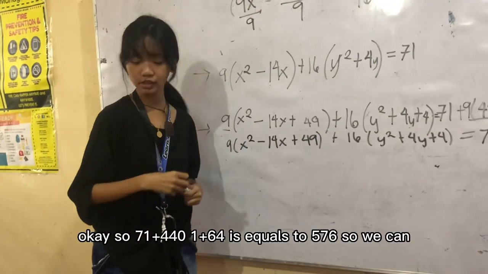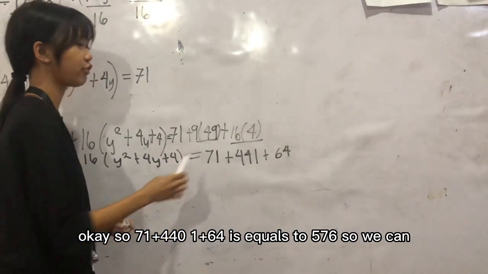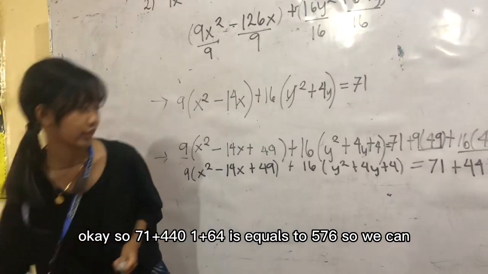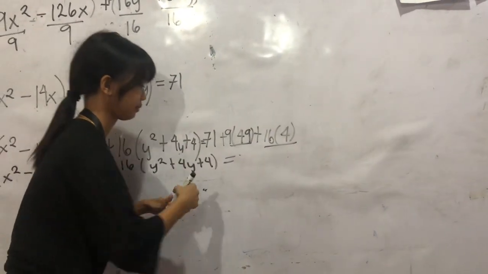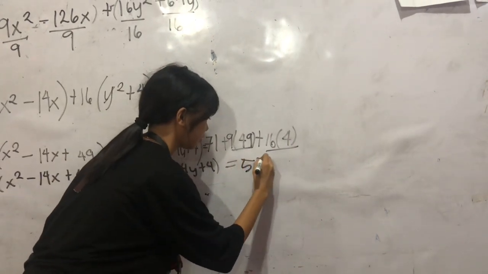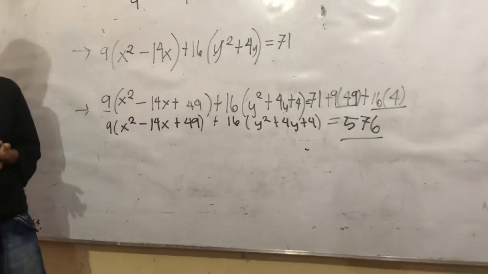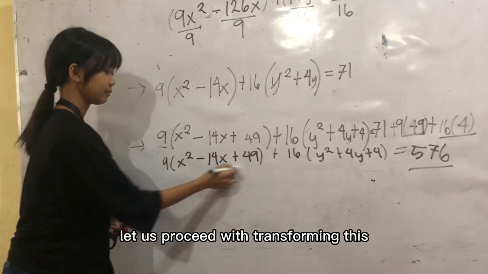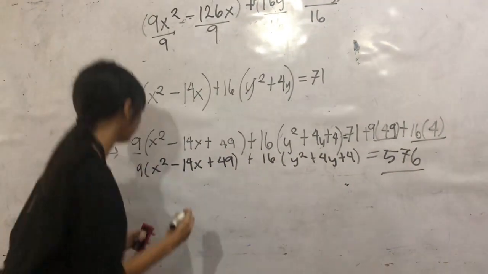So 71 plus 441 plus 64 is equal to 576. In this part, let us proceed with transforming this and this into perfect square binomials.